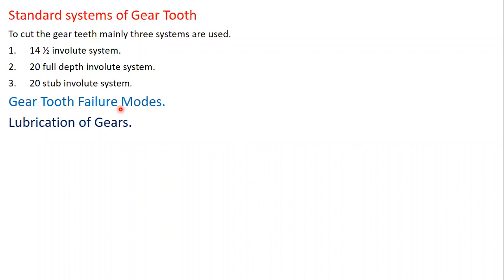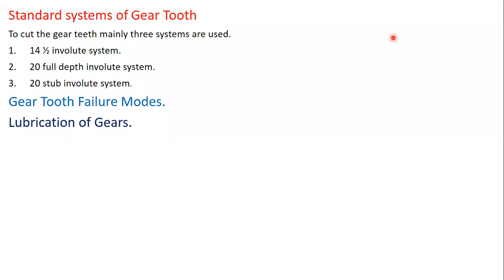And the next one is lubrication. Why is lubrication important? As we know, the main purpose of the lubricant is to separate the tooth surfaces and remove the heat from the gears.